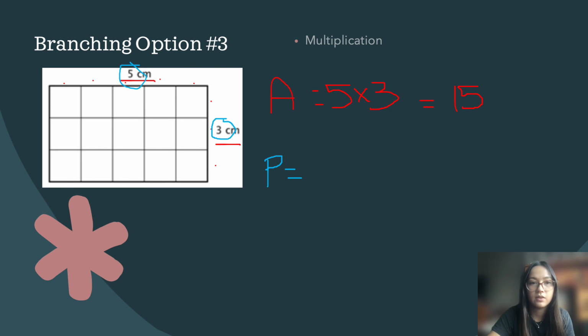Let's use our counting method. 1, 2, 3, 4, 5. So we know that our side length here is a 5, and then 1, 2, 3. So we have a 3 on this side. So our formula would look like this. 5 plus 3, or 5 plus 5 plus 3 plus 3.